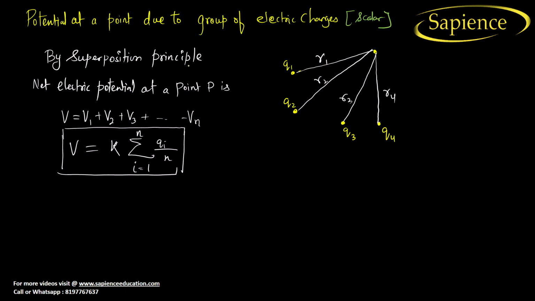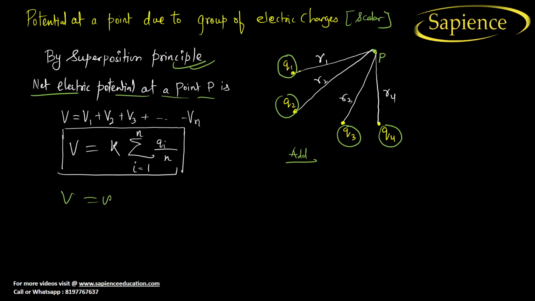Now see here, by the superposition principle, the potential at a point due to a group of electric charges. I want to know the potential at a point P due to charge Q1, due to charge Q2, due to charge Q3, due to charge Q4; it may be multiple ones. So what will we do? We have to add by the superposition principle. So net electric potential V is equal to V1 plus V2 plus V3 plus dot dot dot Vn.